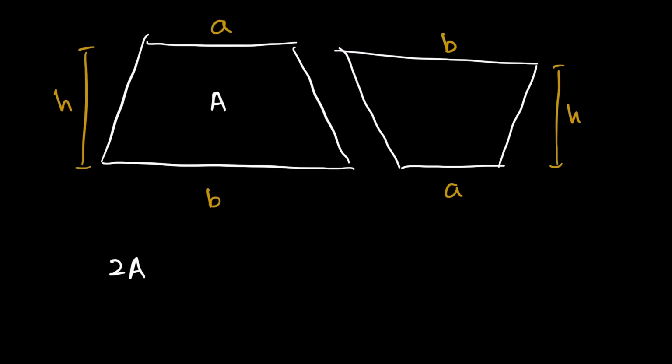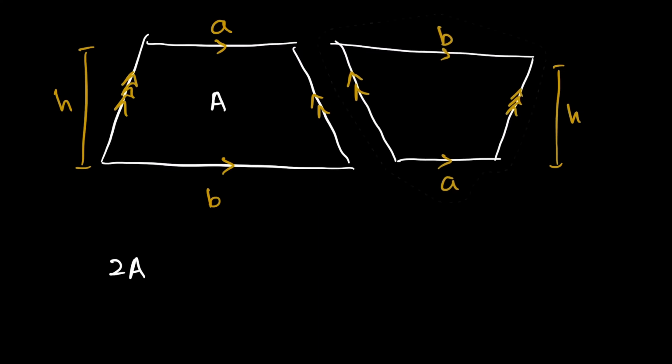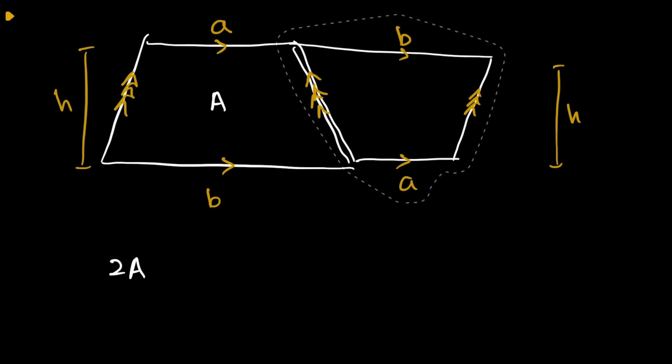Now, notice that over here we have these two sides which are parallel, and they are also parallel to those. This and this are also parallel, and this are parallel. So now I am going to take this second trapezium, highlight that, and stick it to the first trapezium, just like that.